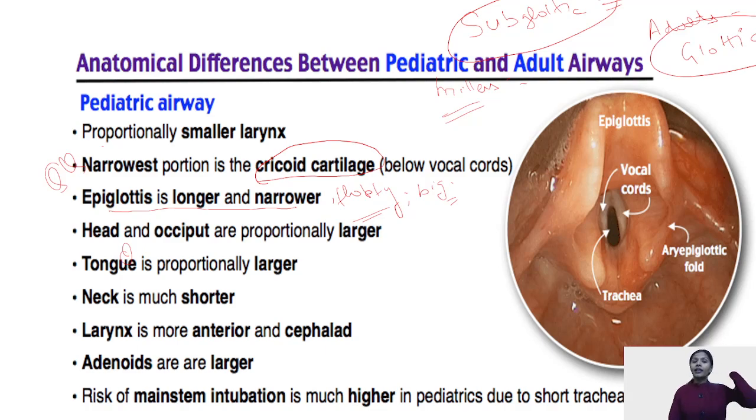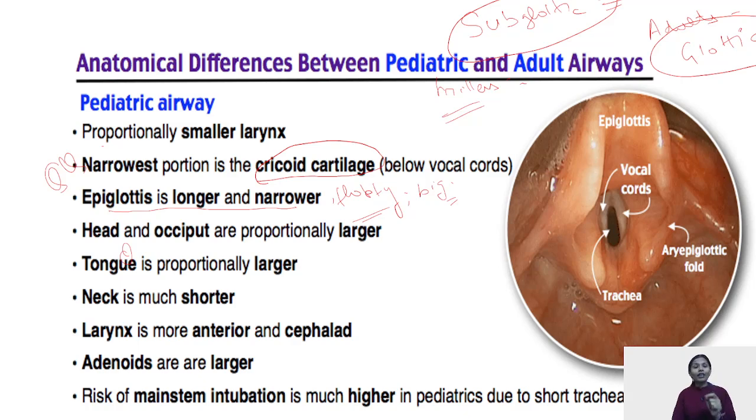The head and the occiput are large in pediatric patients. Tongue is larger. Neck is shorter. Larynx is more anterior. Intubation could be more difficult in these cases, and majorly the problem comes with the adenoids. Pediatric patients are never posted for nasotracheal intubation until and unless their adenoids, which are present on the posterior pharyngeal wall, have been ruled out.